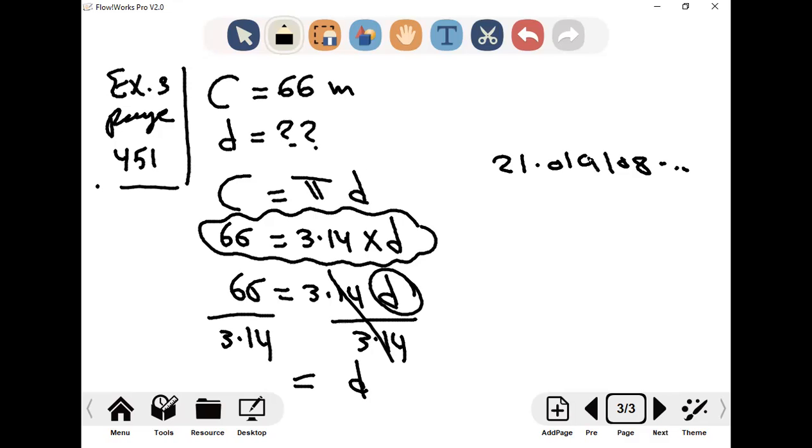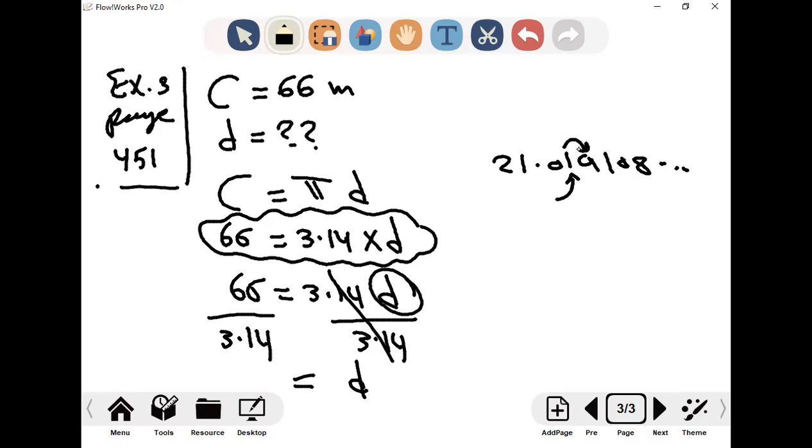But where is the hundredth? It is the second digit after the decimal. The first digit after the decimal, we call it tenth. So this one, I will round it.